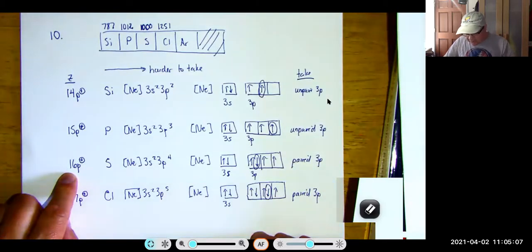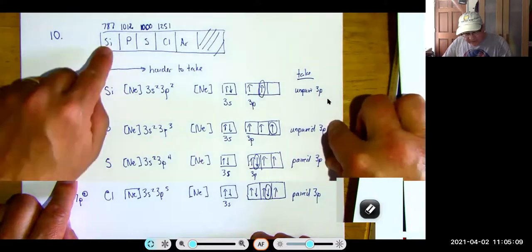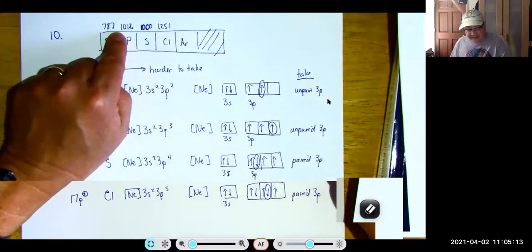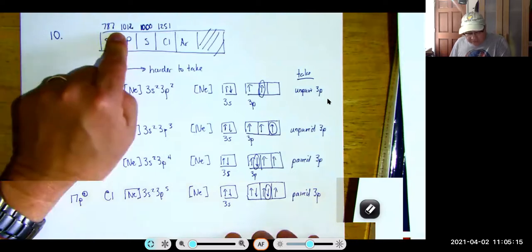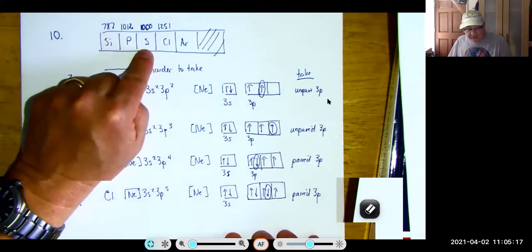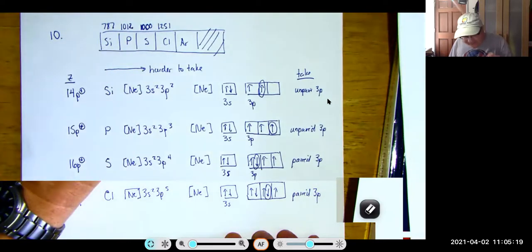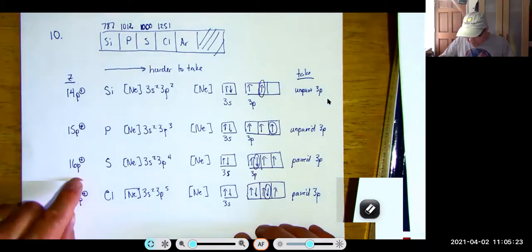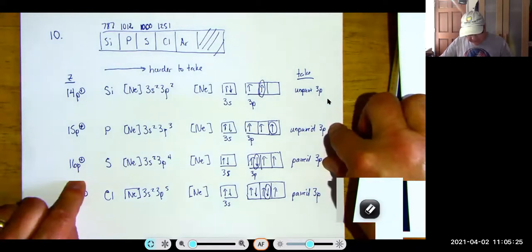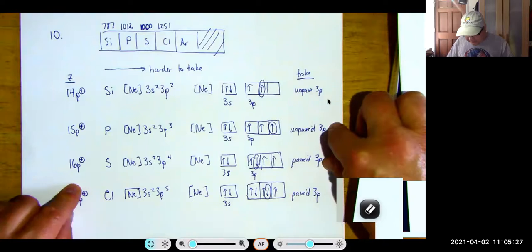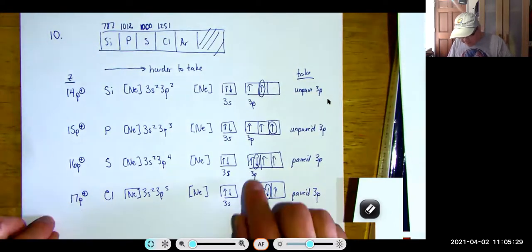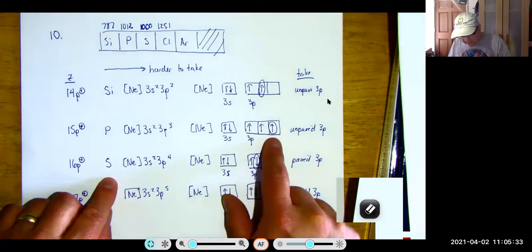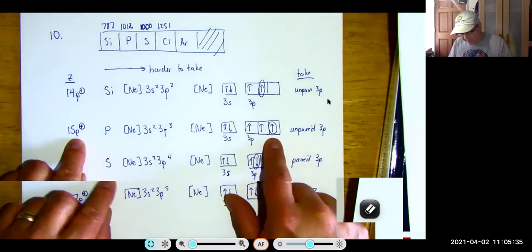One way to look at this is that from silicon to phosphorus, it takes an extra 250 to take the electron. So from phosphorus to sulfur, we'd expect it also to be an extra 250, but it's the same. So what's the explanation when they're both 3p electrons being taken? The explanation is this: from the sulfur, you're taking a paired 3p electron versus the phosphorus, where you're taking an unpaired 3p electron.